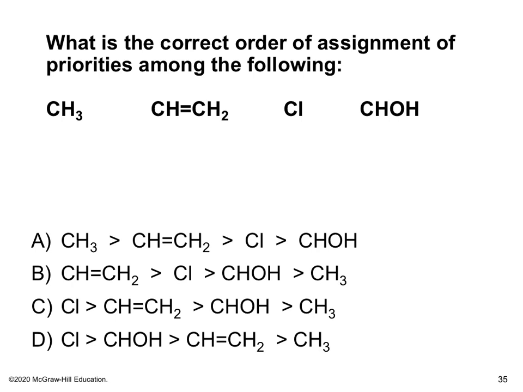All right, so let's assign our priorities. What's the correct order of assignments of priorities for the following? And the big mouth means the biggest, which is the highest priority. So number one in this case, and four would be the lowest priority.